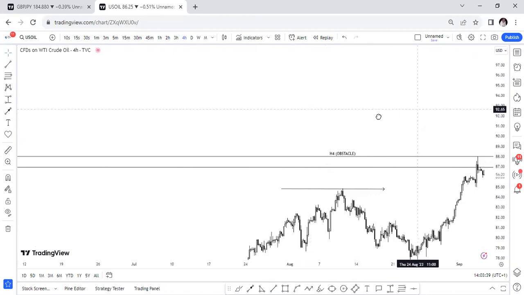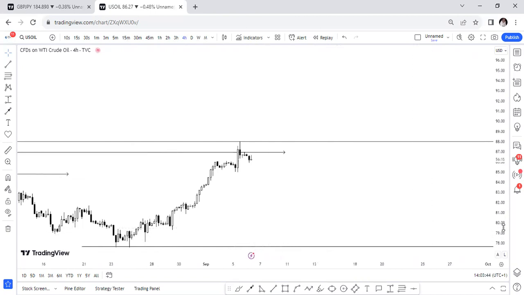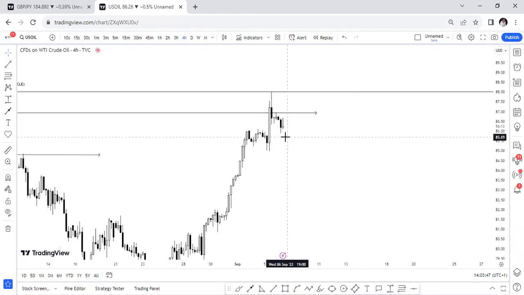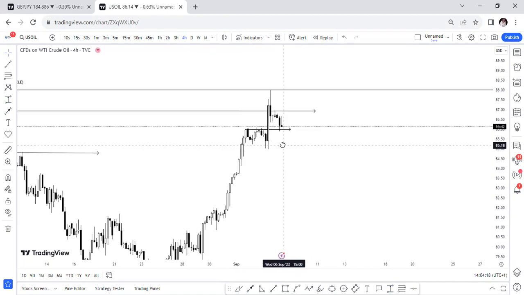Now this place is trying to react to this 4 hours obstacle here, and there was a reaction upward, almost about 76 points upward. But it is a 4 hours rejection, right? Price tries to react to it and comes down again.